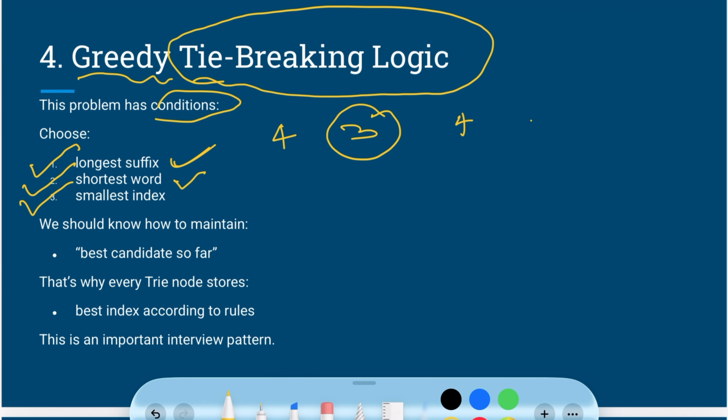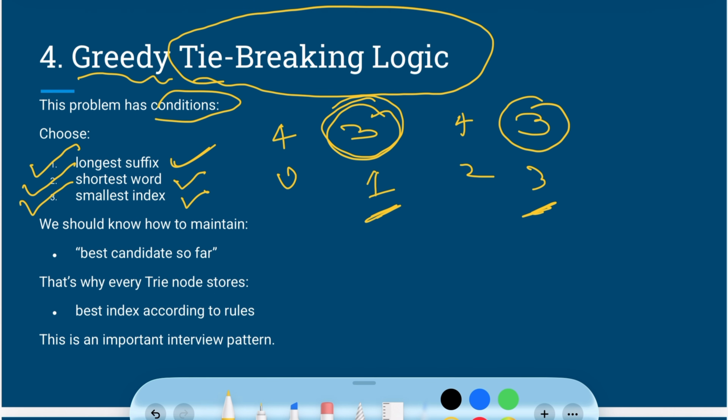Let's suppose the words are at index 0, 1, 2, and 3, and index 1 and index 3 both have the same shortest word. We use the smallest index, because that is what the problem says. So here you should understand the greedy tie-breaking logic, what the question is saying.